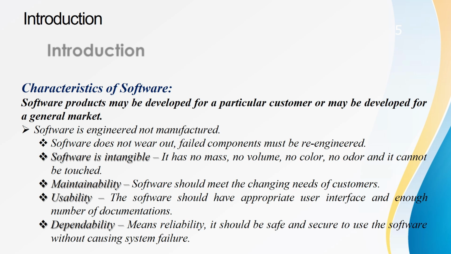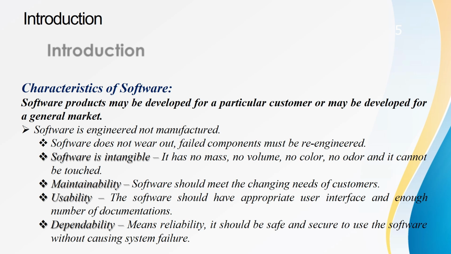The next is maintainability. What do you mean by maintainability? The software has to be available for the changing needs of customers. It should meet the needs of customers. What the customer has demanded, that need has to be satisfied.